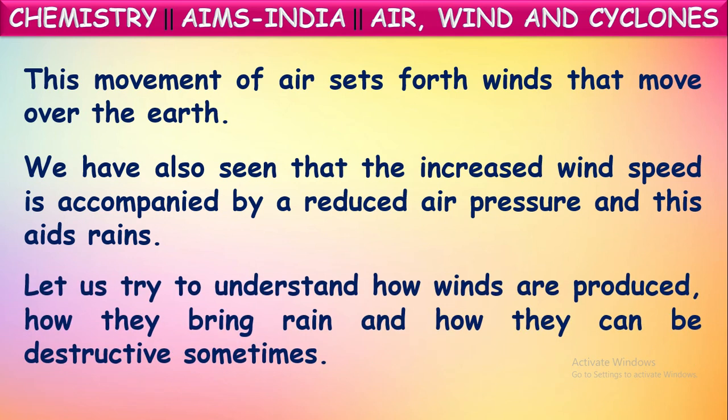Let us try to understand how winds are produced, how they bring rain, and how they can be destructive sometimes. Okay, how winds are produced actually and how these winds help in bringing the rains, and even the same winds sometimes cause destruction also. So how all of this happens, let us see now.